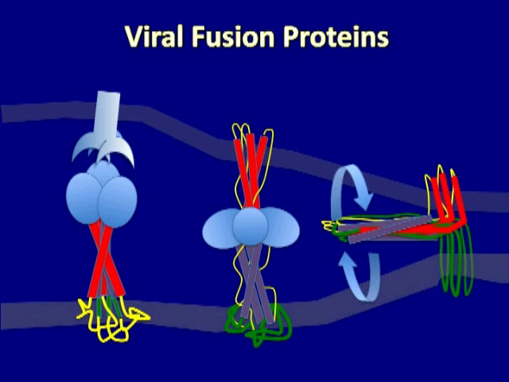Eventually, the remaining domains of the protein associate with one another and create a motor which pulls the 2 membranes closer together. How they actually fuse once they become close to one another in apposition is still not completely understood.